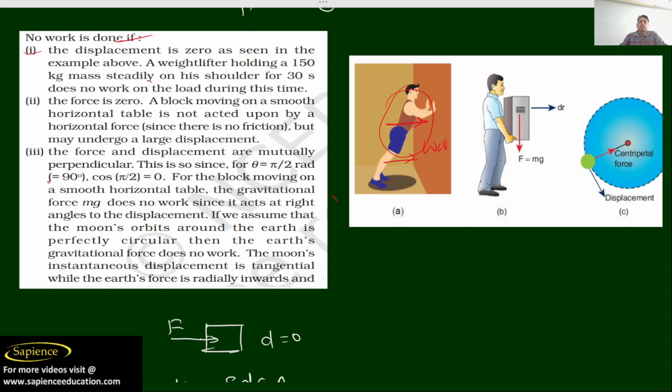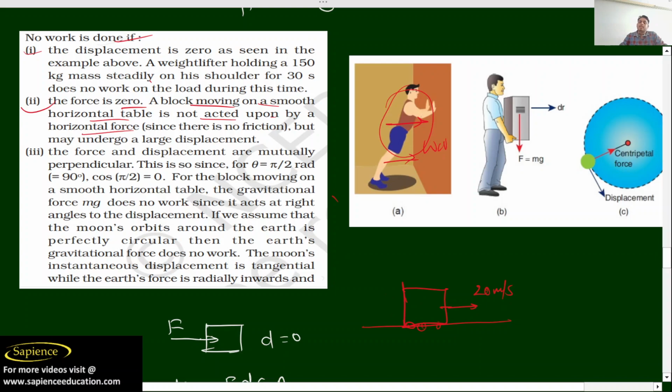Now I will talk about case 2, that is force is 0: a block moving on a smooth horizontal table is not acted upon by a horizontal force. Let us consider an object is here and it is moving with 20 meter per second. No external force is applied here, no friction force is applied.